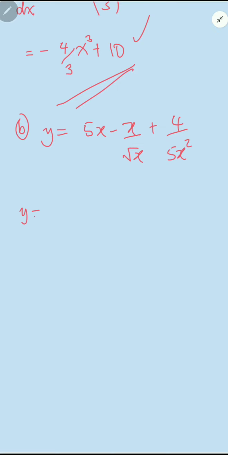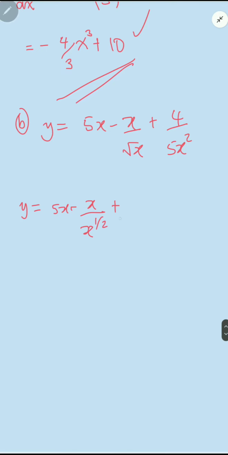Well, we have y equal to 5x minus x over the root of x, which is the same as saying x to the power half, then plus 4 over 5, then we can take the x squared to where the 4 is, now this will be the power negative 2. This is according to the rules of indices.